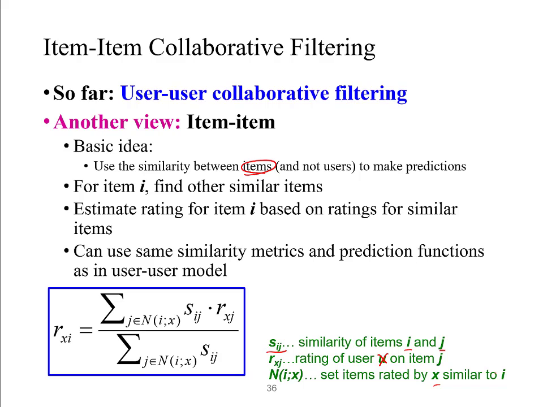If we use an example to illustrate this idea, for example, I am the user, and the recommender system wants to predict my rating of a shirt. What it is going to do is try to find items similar to the shirt, for example, a T-shirt, or pants, or shoes.